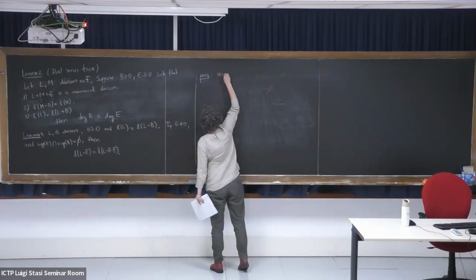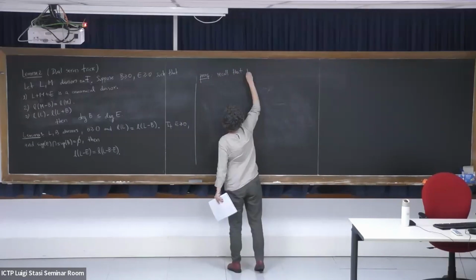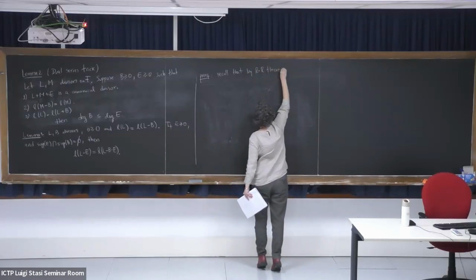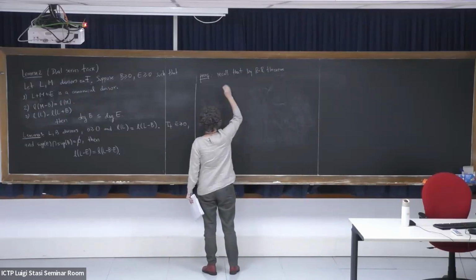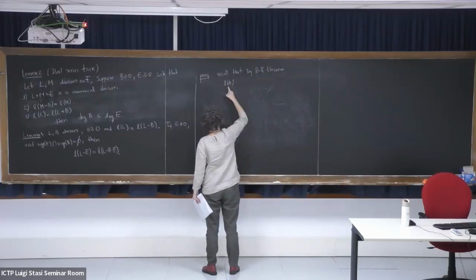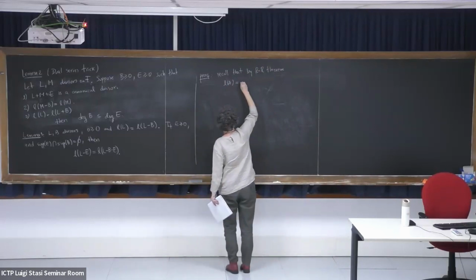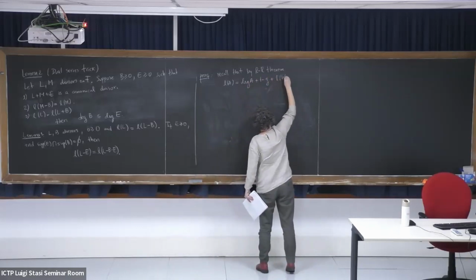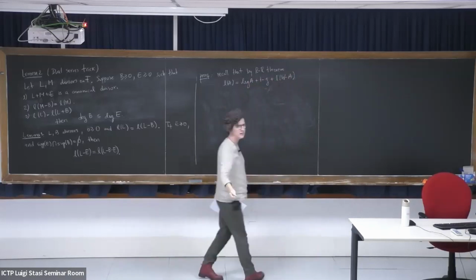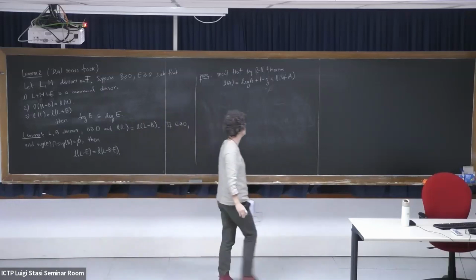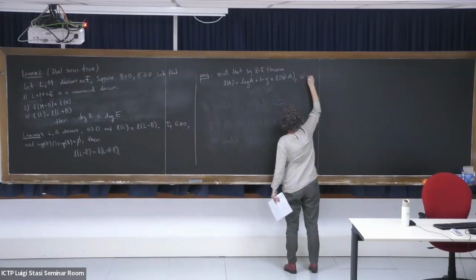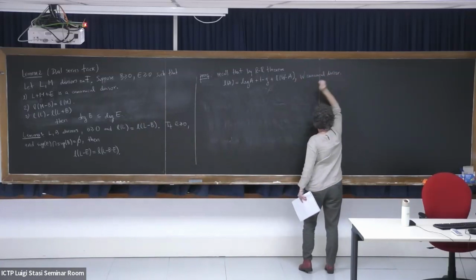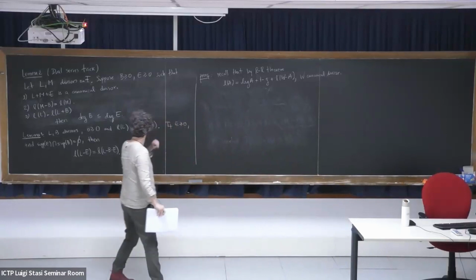By the Riemann-Roch theorem, for any divisor A, the dimension of the Riemann-Roch space defined by A is the degree of A plus 1 minus g plus the dimension of W minus A, where W is any canonical divisor on your function field.